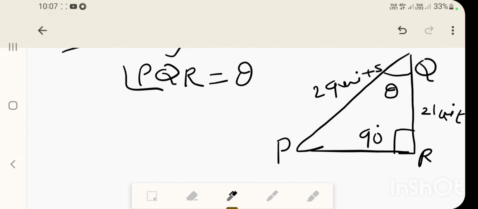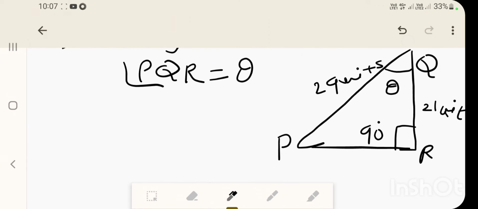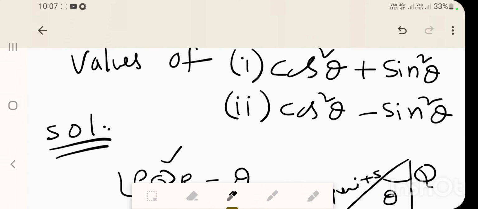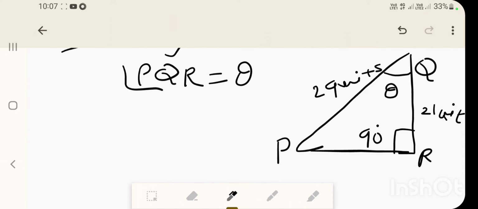Now we have to find cos theta and sin theta to evaluate cos square theta plus sin square theta and cos square theta minus sin square theta. We know that sin theta is the ratio of the opposite side length divided by the length of the hypotenuse.